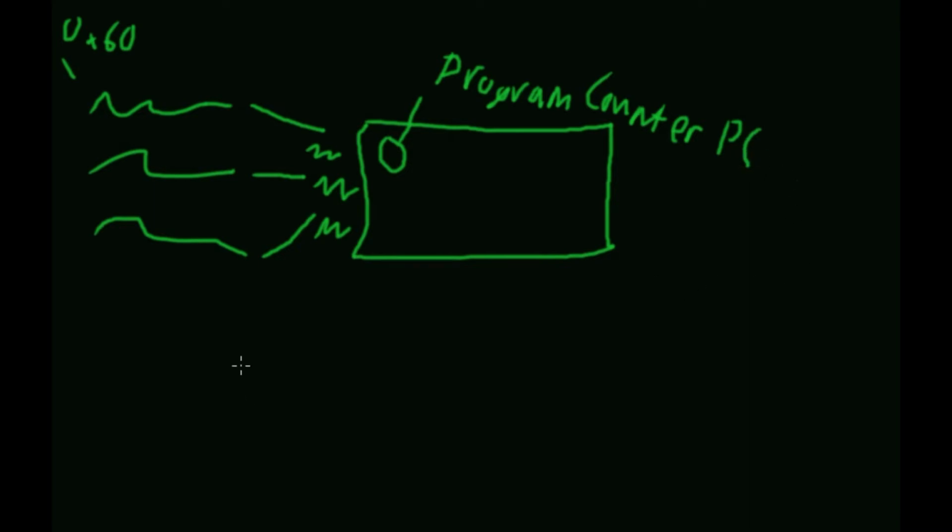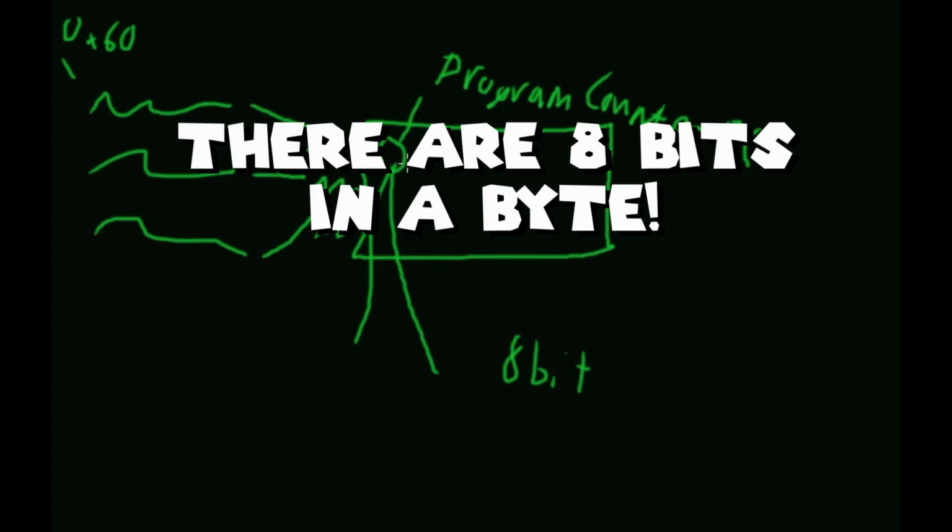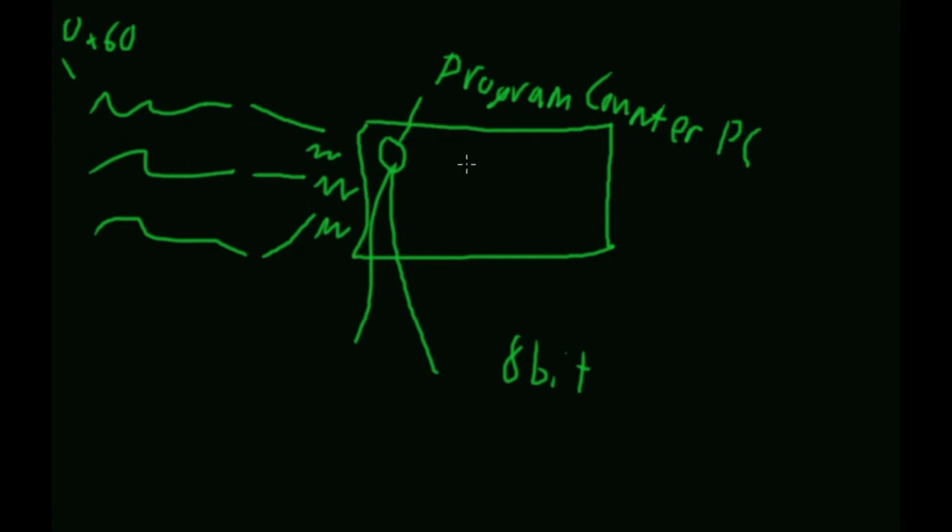Now, what a register is, just think of it as a general term for storage. So let's say we have an 8-bit register. That means we can hold 1 byte. If we have a 16-bit register, we can hold a 16-bit value in there. 32-bit, a 32-bit value; 64-bit, a 64-bit value.